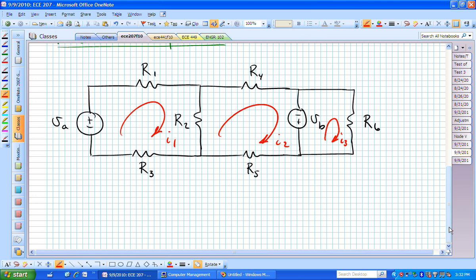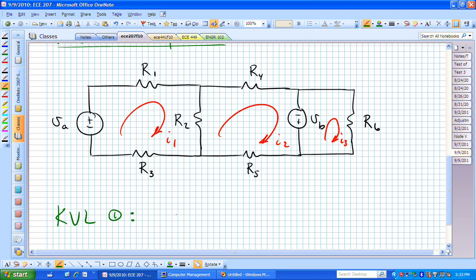Since we have mesh currents, we are actually going to do KVL equations. We'll write the first one with mesh number 1, KVL around mesh 1. Here we're just going to be summing up the voltage drops in the direction of that mesh current. In this case we're going with mesh 1, and so I1 is always going to be positive as we move around that loop or mesh.